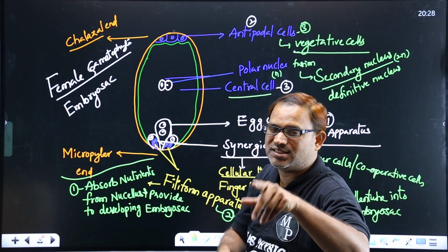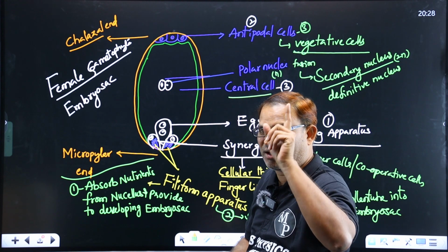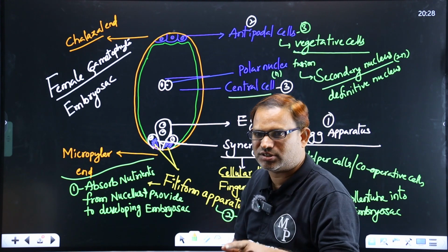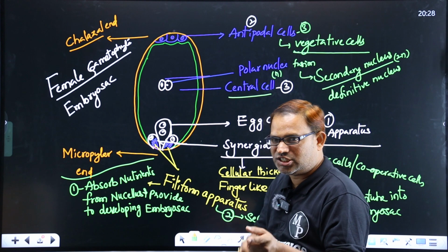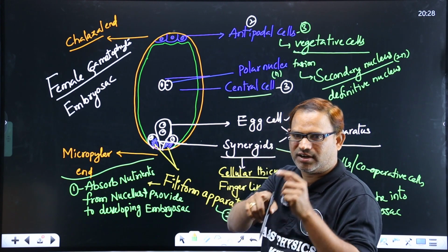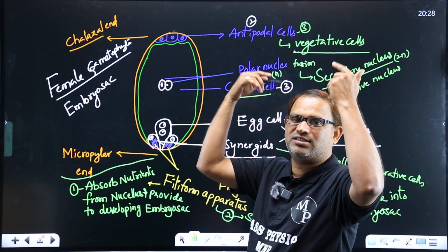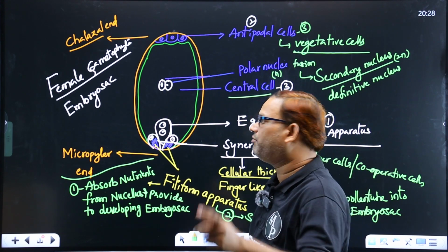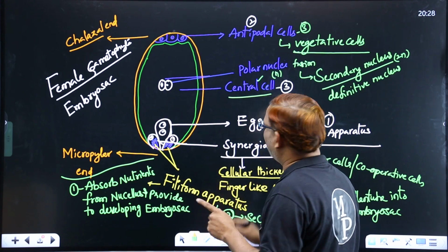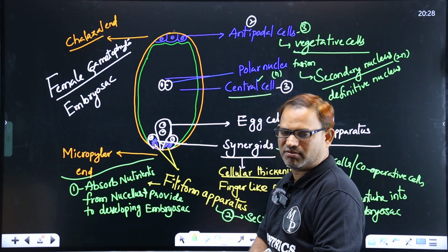So inside the embryo sac, one cell initially haploid, then diploid, and finally transformed into triploid. Which cell? The central cell. Very important.